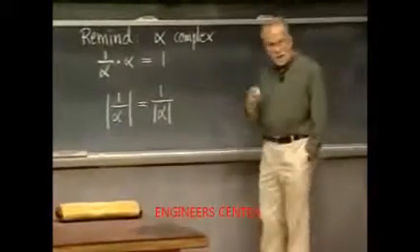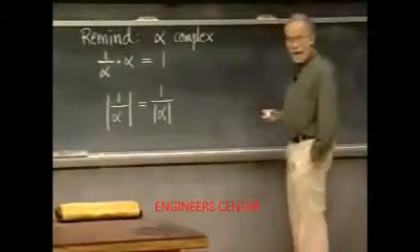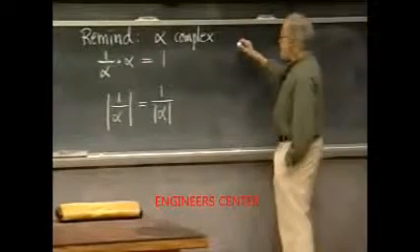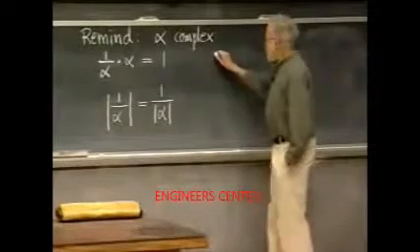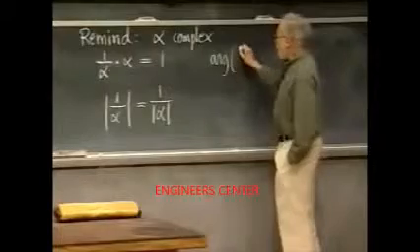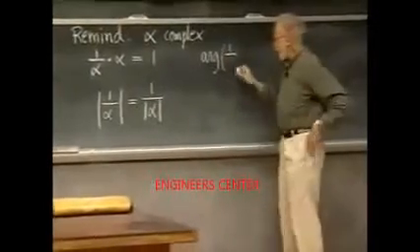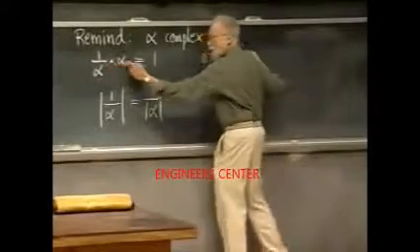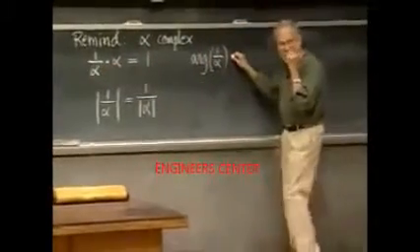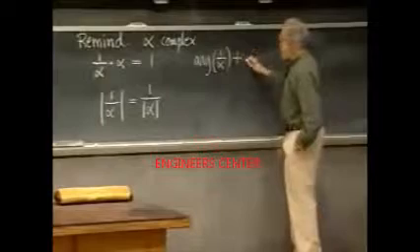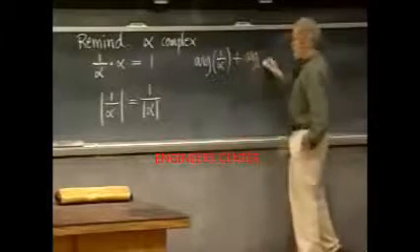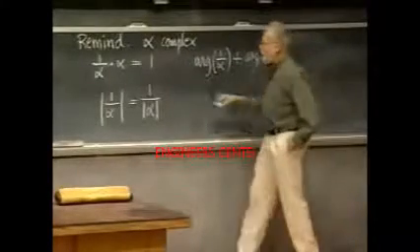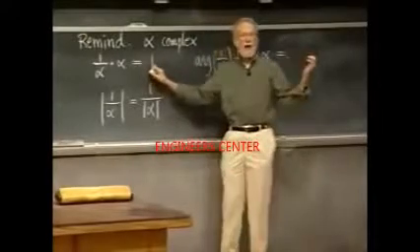I'm a little less certain you knew how to take care of the angles. How about the argument, the angle of 1 over alpha? Because when you multiply, angles add, remember that, the angle of 1 over alpha plus the angle associated with alpha has to be the angle associated with 1. But what's that?